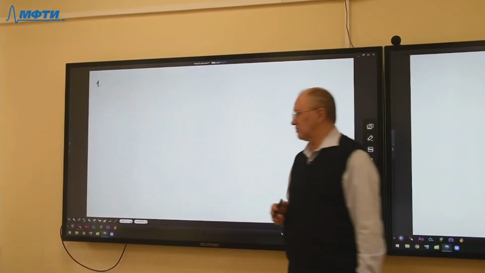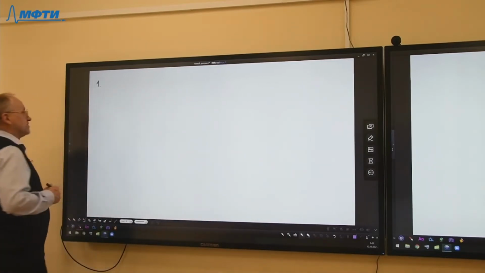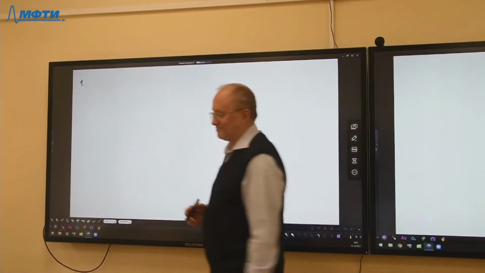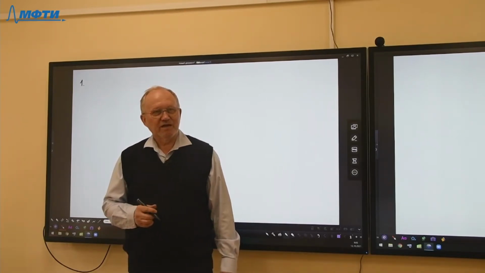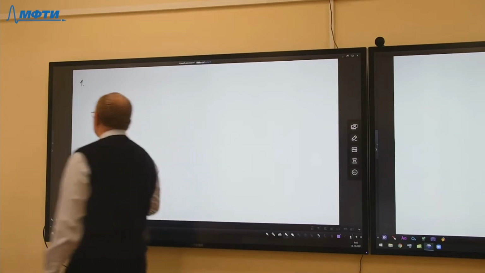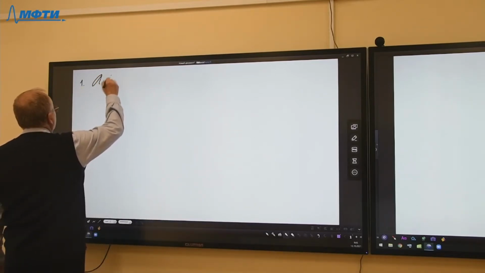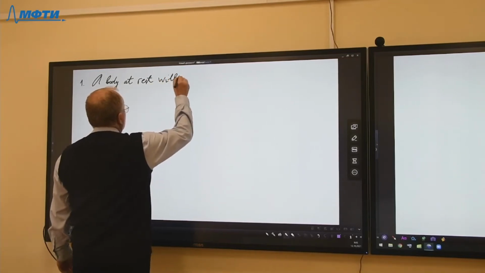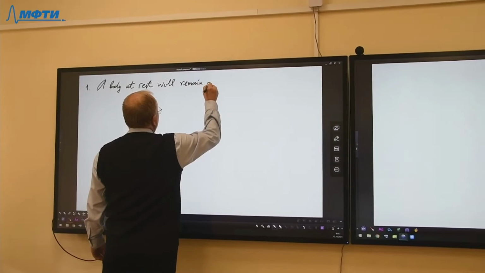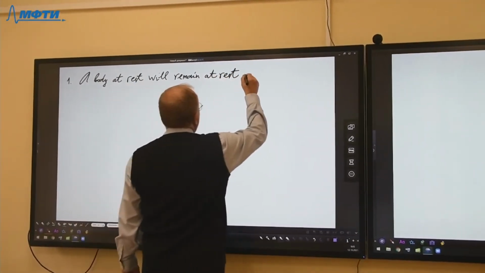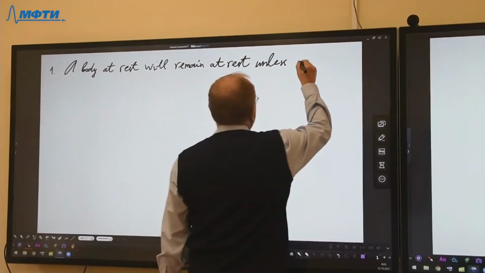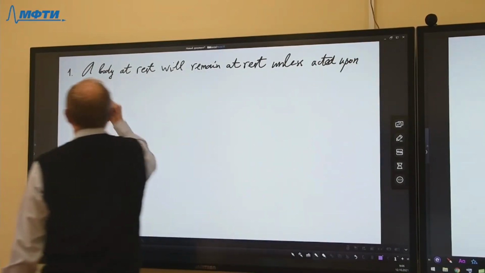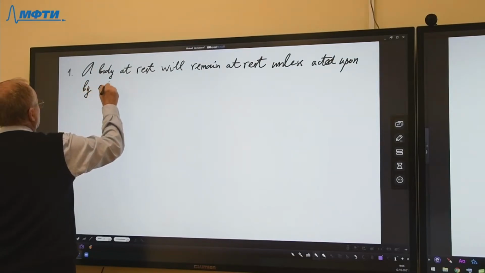There are 3 laws of Newtonian dynamics, and the first Newton's law says a body at rest will remain at rest unless acted upon by external forces.